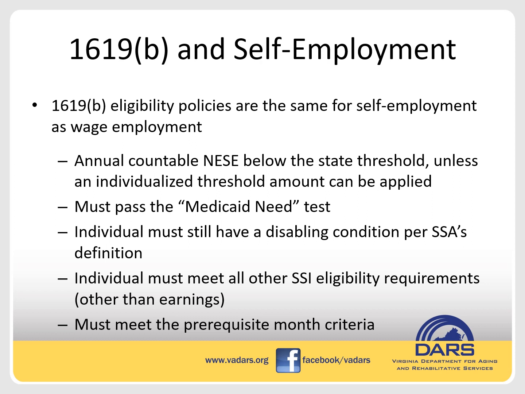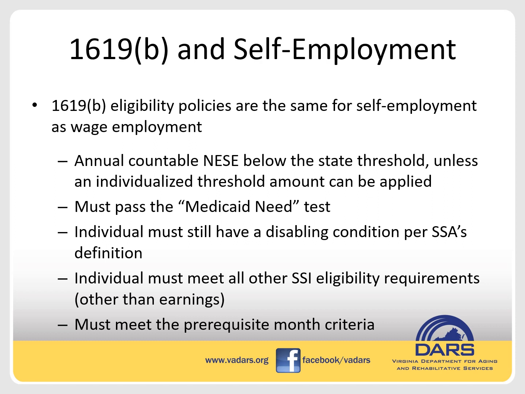And even better news is that the 1619B eligibility policy is the exact same for a self-employed person as it would be for somebody working for somebody else as an employee. Okay, so there's no difference in terms of how Social Security looks at a self-employed person versus an employee for 1619B. Okay, now just as a refresher, I wanted to go through some of the criteria for 1619B.